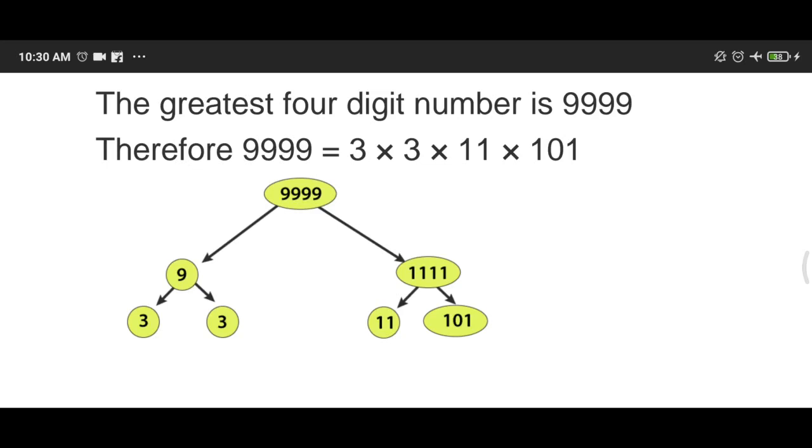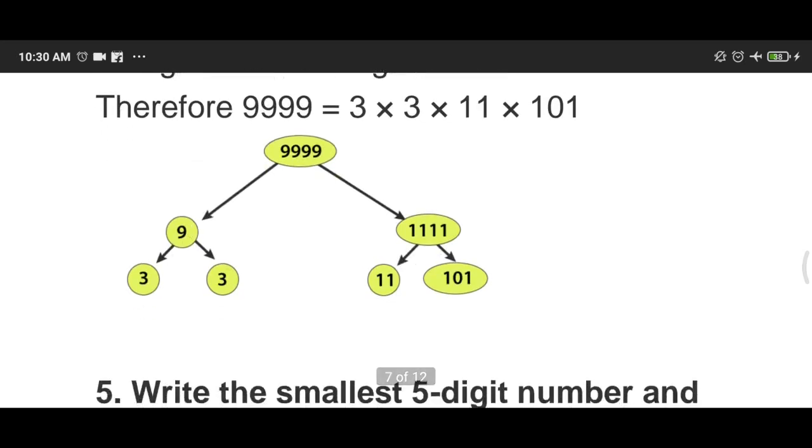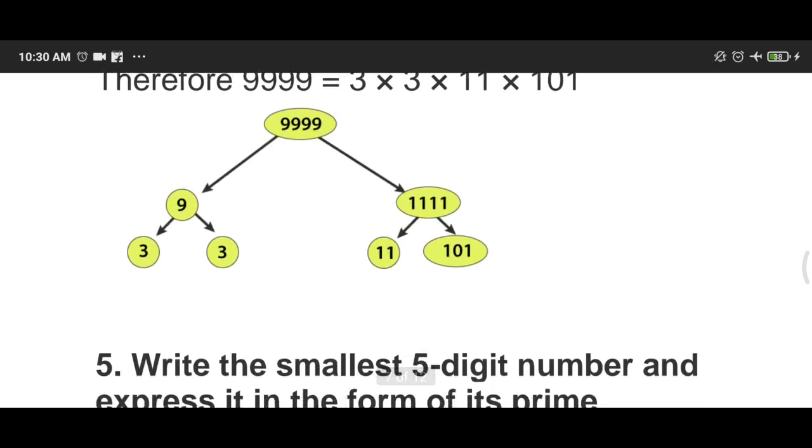Then 9 we can write as 3 threes, and 1111 we can write as 11 multiply 101. So the prime factorization of 9999 is 3 multiply 3 multiply 11 multiply 101.